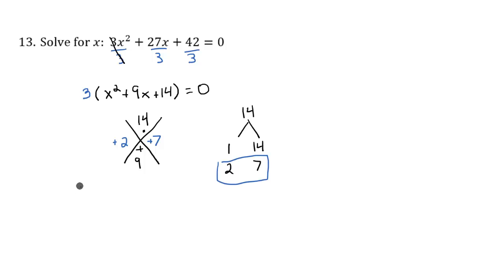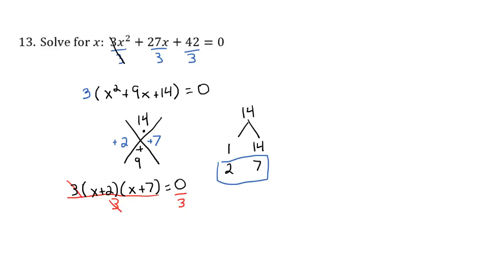So I'm going to do 3 times x plus 2, and then I have my x, we had a positive 7, that equals 0. Now you could just ignore this 3 in front, that's not going to do anything, and if you want to actually divide it out, you can. So if I divide this side by 3 and this side by 3, 3 over 3 is just 1, so that goes away, and then 0 divided by 3 is still 0.